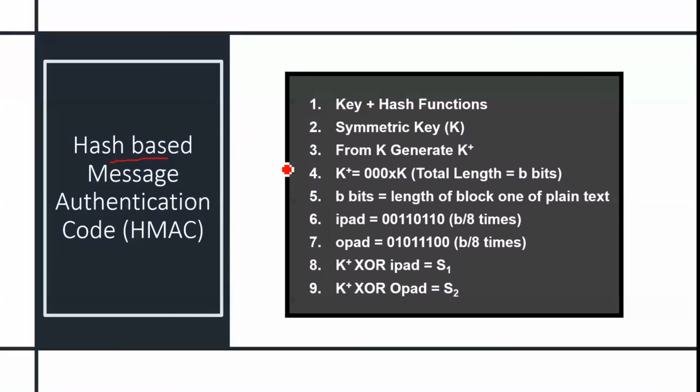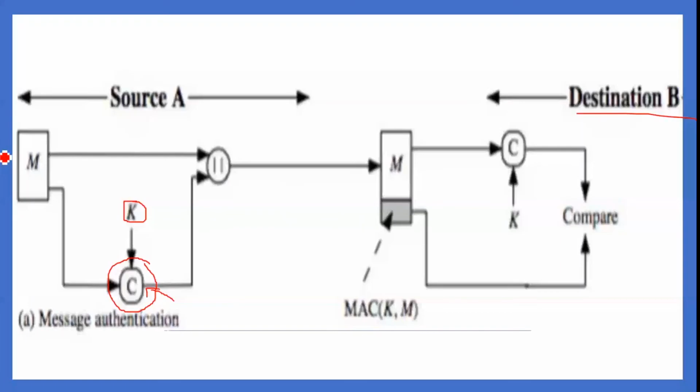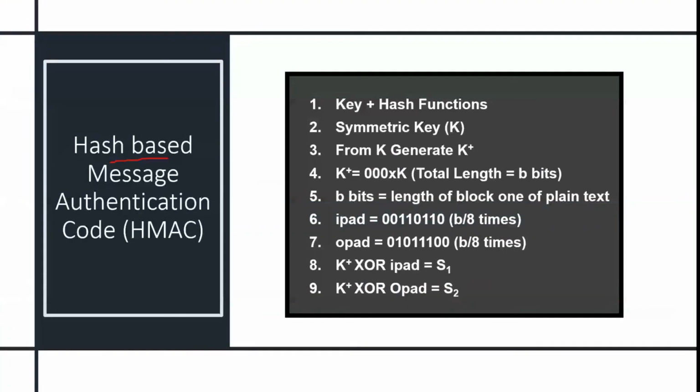The second point is easily seen from this diagram, that on both sides, that is the source and the destination, the sender and the receiver, the key needs to be the same. Correct? So here we are using a symmetric key. Now from the third point, the actual algorithm starts.